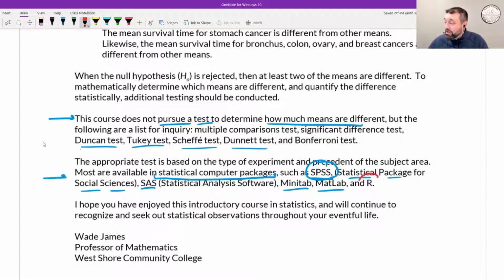My favorite is R. And the reason I like R is because it is free. Many statistical classes that you take don't use Google Sheets, but instead they use R. R is extremely popular and it's extremely robust because it's open source. And so many people have contributed to it. If you move on to a more advanced stats class, then you will probably be required to know R.